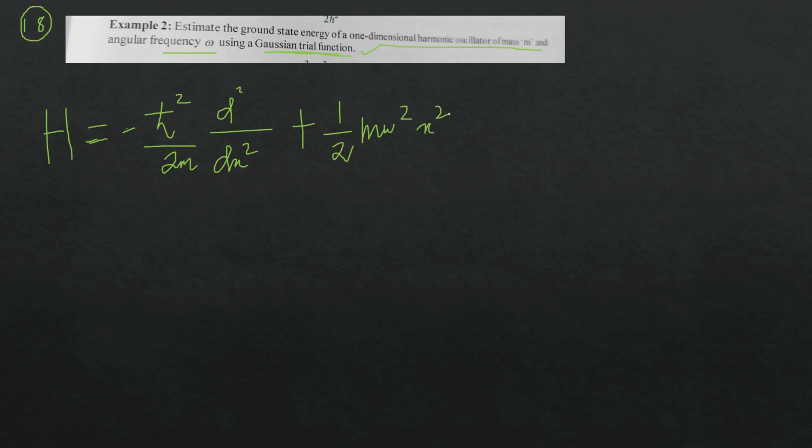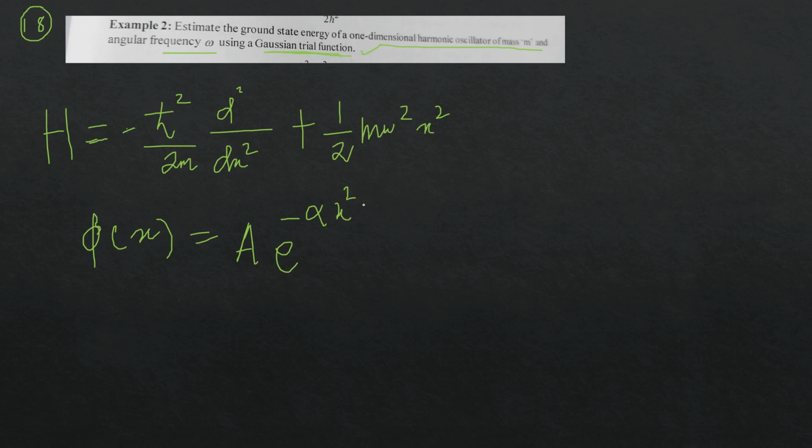Now the Gaussian trial wave function. Here, for the harmonic oscillator, we will assume the Gaussian trial wave function as phi x is equal to A e to the power minus alpha x square. We assume this as our Gaussian trial function for the harmonic oscillator.